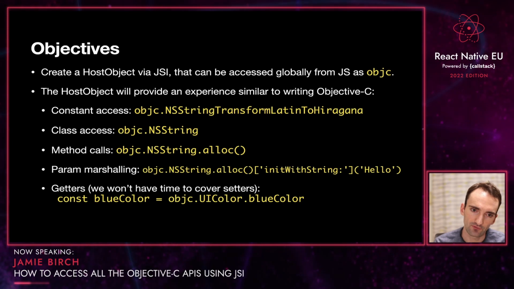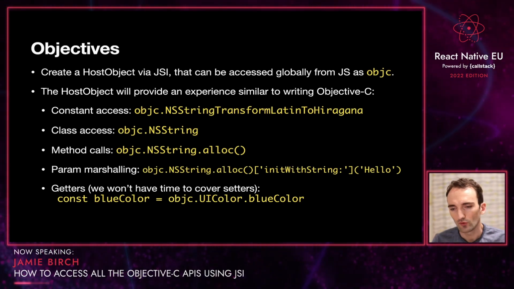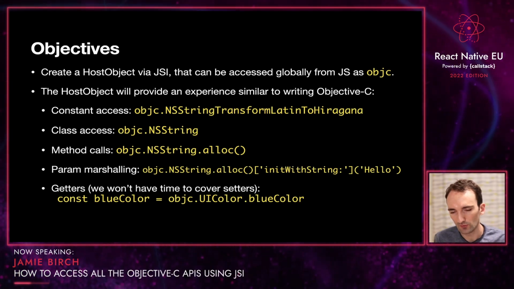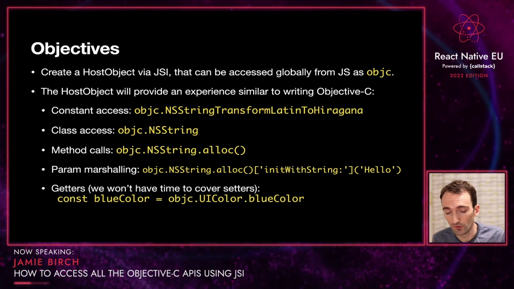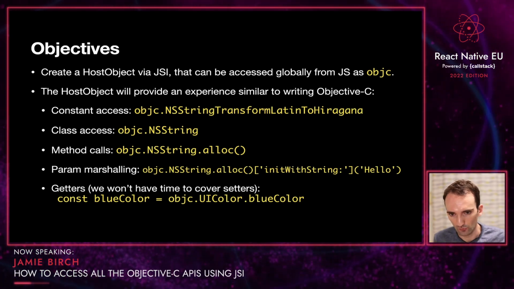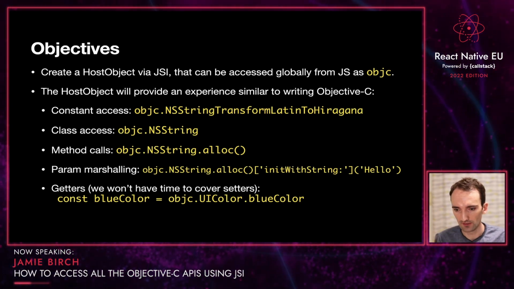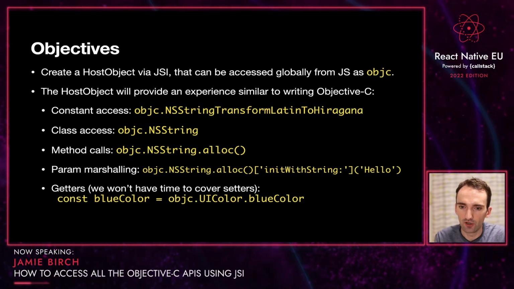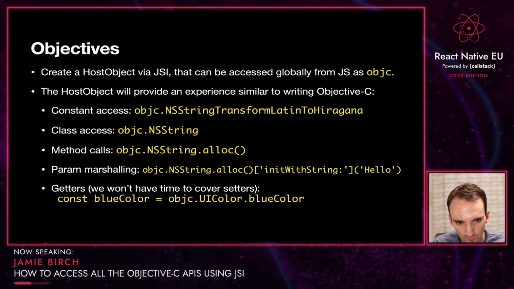You'll be able to access constants, classes, method calls, and when you pass JavaScript data types into it, whether it's a JavaScript string or actually another host object you had from some other function call, it will be marshaled as it's coming through to the native side, and it'll unwrap relevant parts of it and say, oh, I see there's a string under there, I know what to do with that, for example.